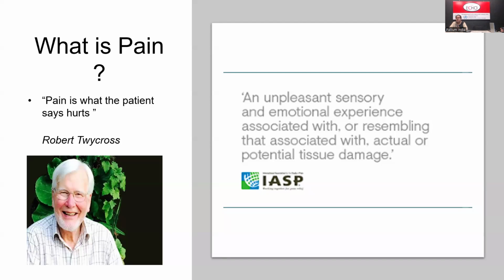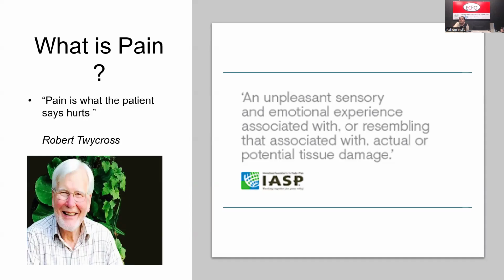From that itself, it is very clear that it is not only physical. There is an emotional component also in the pain, right? It is associated with, or resembling that associated with, actual or potential tissue damage. What does that mean? For example, some of you have seen patients with peripheral occlusive arterial disease, diabetic neuropathy or peripheral neuropathy.